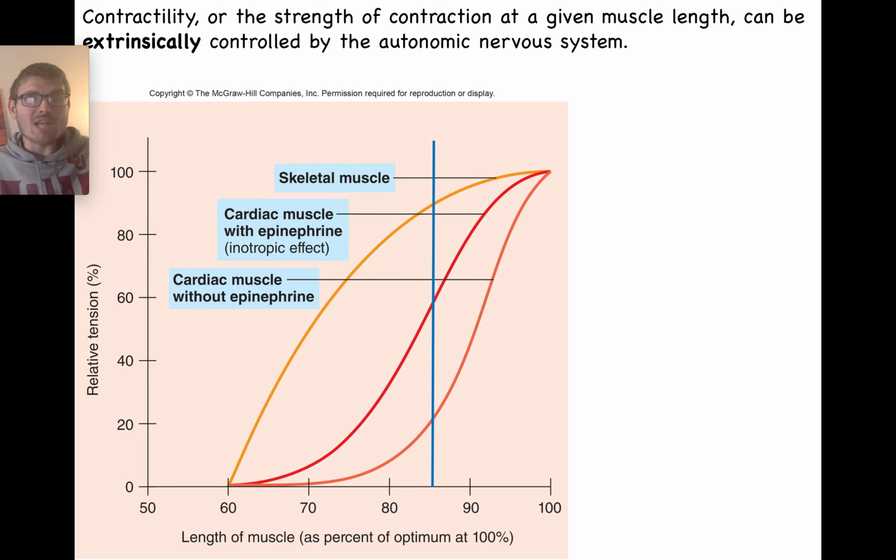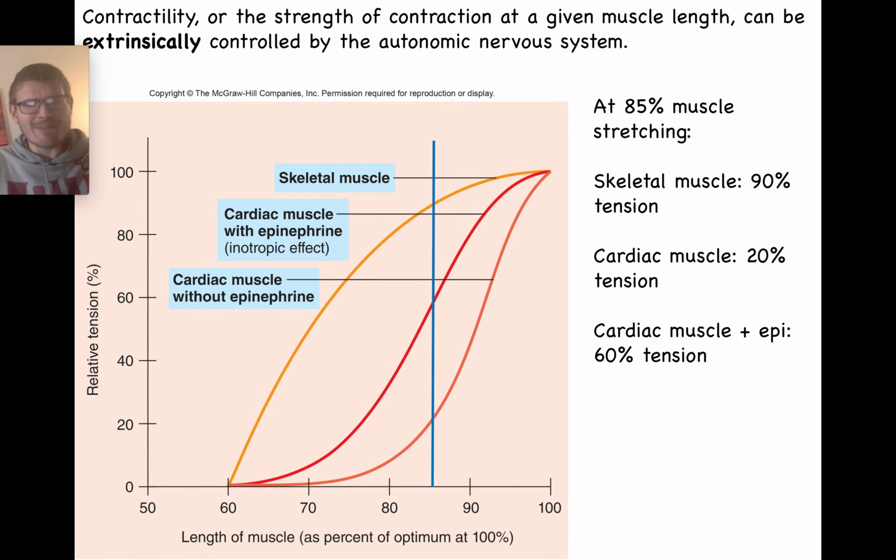So now we can talk about what is called extrinsic control of contraction strength, and predictably, this level of control comes from the autonomic nervous system. And specifically here, we are not talking about a mathematical relationship. We're not talking about changing the stroke volume just because there's more blood there. We're actually talking about getting the cardiac muscle to contract with an extra amount of force, again, coming from an extrinsic control center.